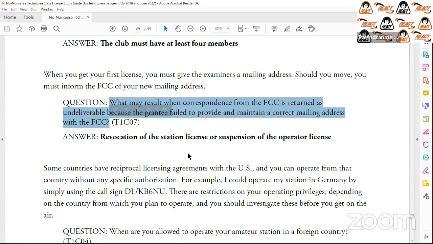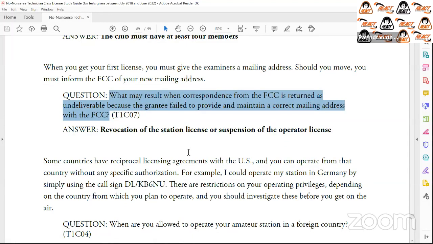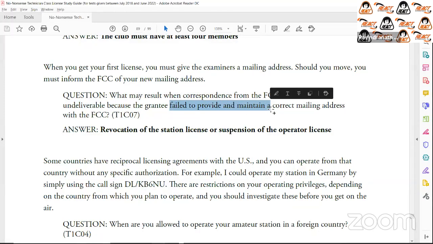What may result when correspondence from the FCC is returned as undeliverable because the grantee, that is you, failed to provide and maintain a correct mailing address with the FCC? In other words, you moved or your address moved and you didn't update it.